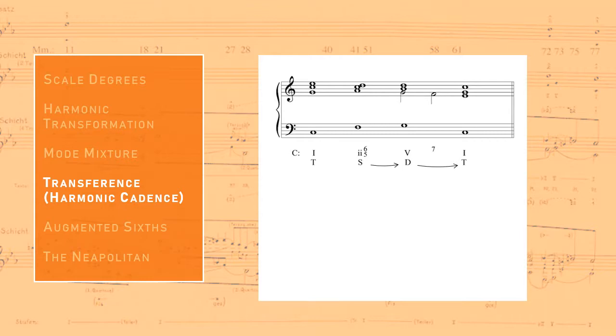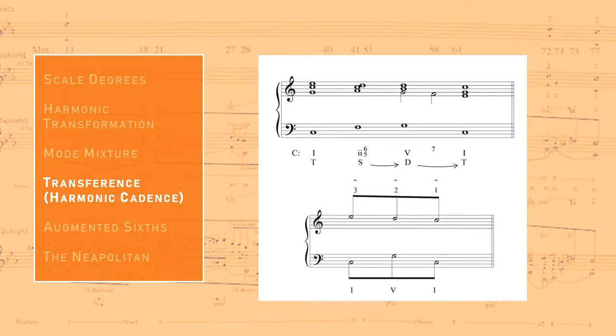Schenker also has three function categories, but these ones derive from the Ursatz, or fundamental structure. For Schenker, the basic harmonic cadence is 1, 5, and 1, shown in the Roman numerals beneath the Ursatz.